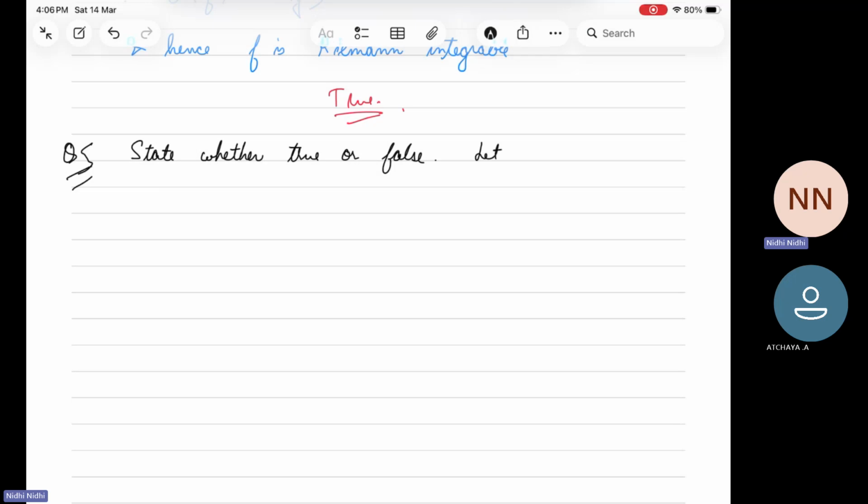Let f be a function from closed interval [a,b] to R being Riemann integrable.